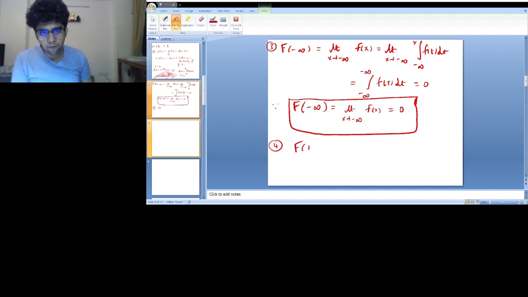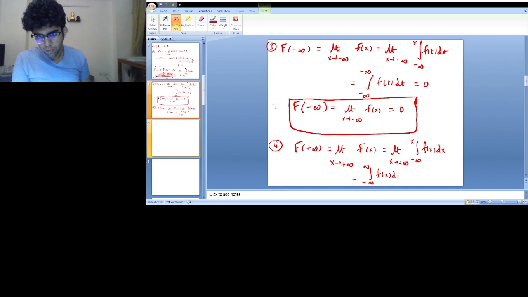My fourth property says that F of positive infinity is equal to the limit as x goes to positive infinity of F(x), which is one.